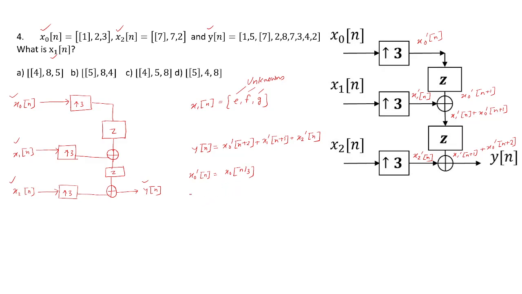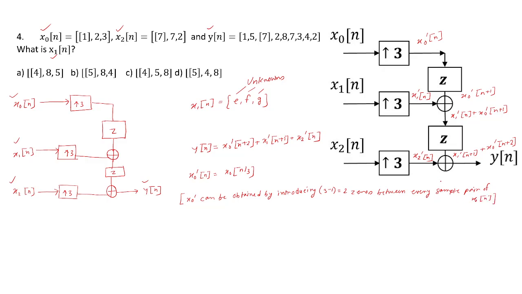So this basically means x0 dash can be obtained by introducing 3 minus 1, 2 zeros between every sample pair of x0 of n.